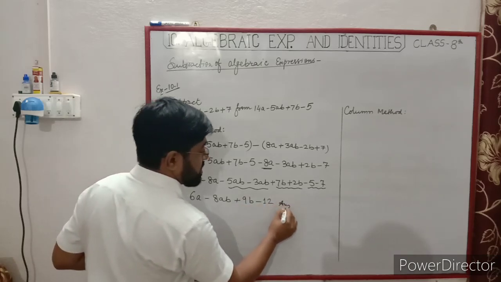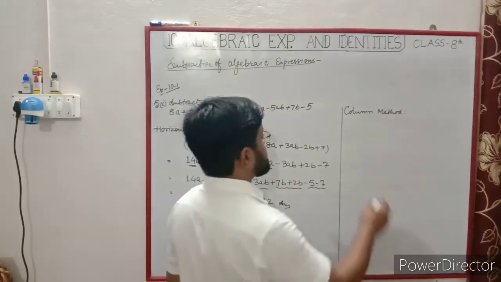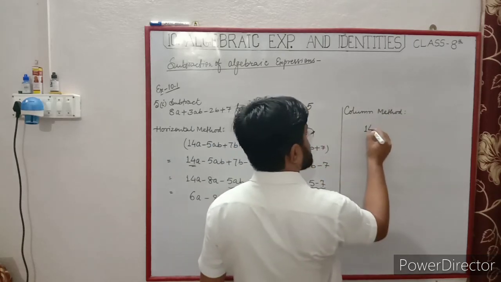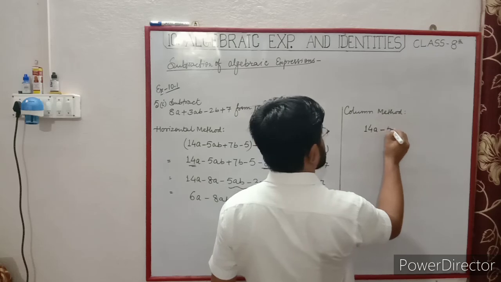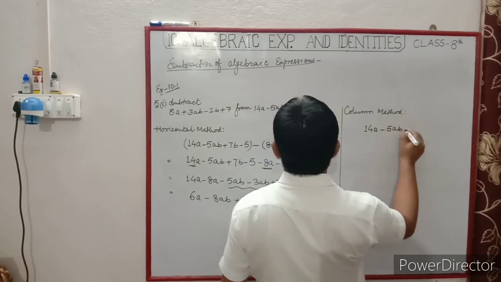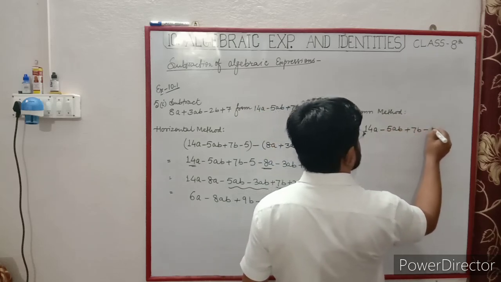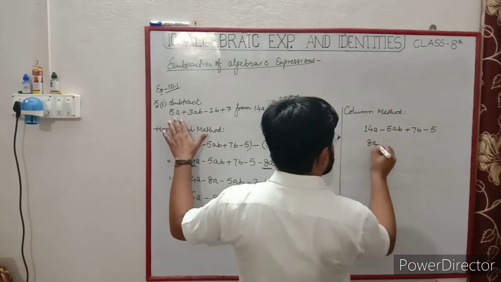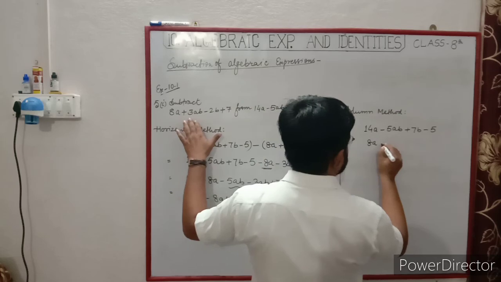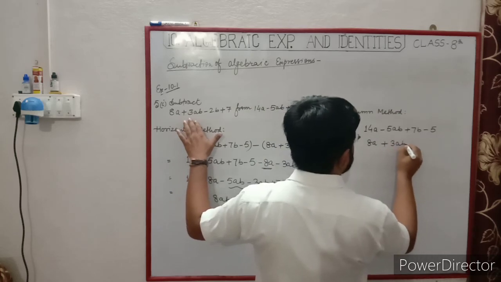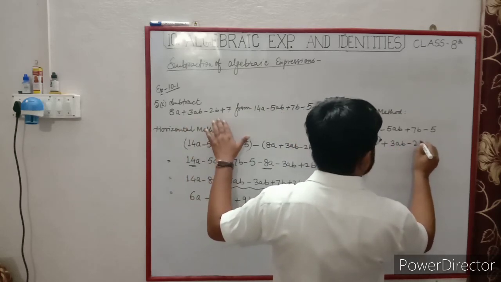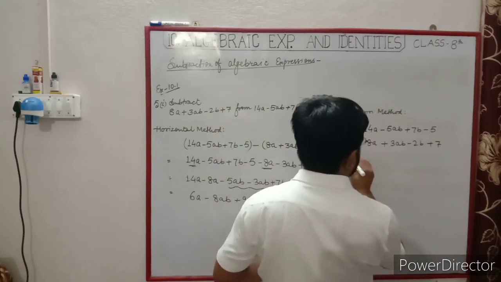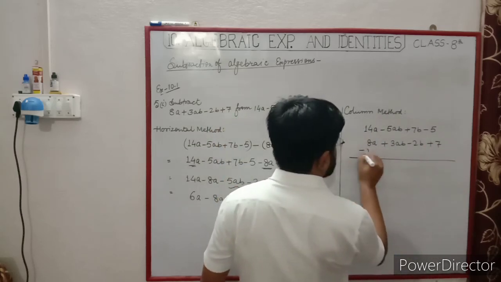That is the answer. Now by the column method. First of all write the second expression, 14a minus 5ab plus 7b minus 5. Now the first expression, 8a plus 3ab minus 2b plus 7. Now the signs will be changed.